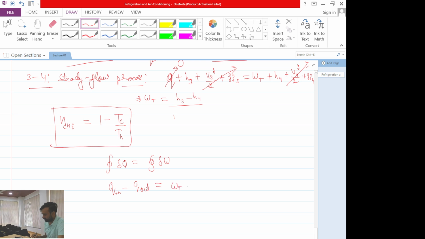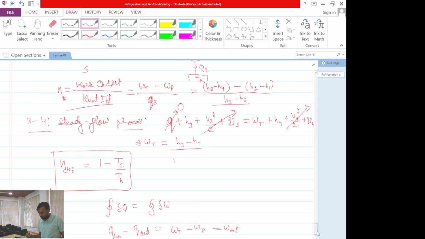This will be WT minus WP, which is W net. So W net can be replaced with Q in minus Q out. So what will be efficiency then? Q in minus Q out by Q in, 1 minus Q out by Q in.